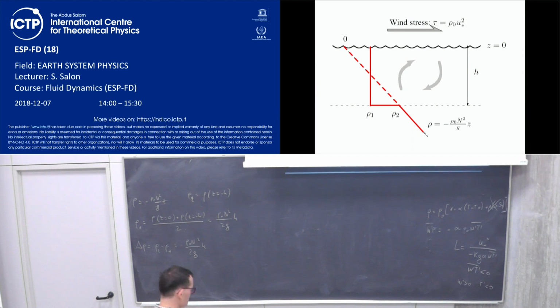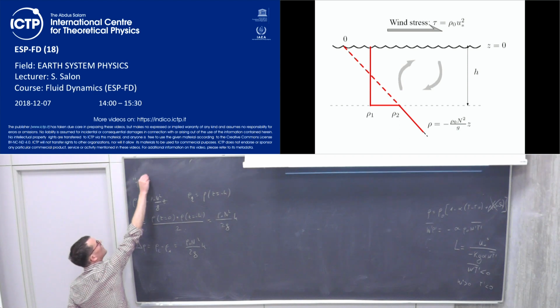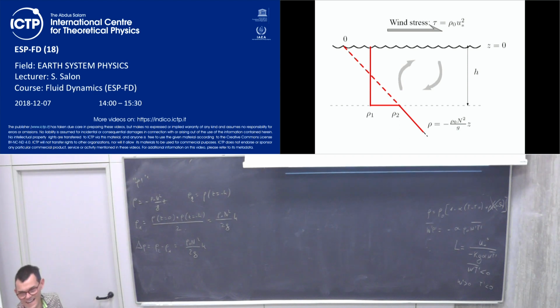But this density is 0 at the surface. Density is 0 at the surface, yes. This is always our rho prime. Otherwise, yes. Good. Because otherwise we couldn't have.